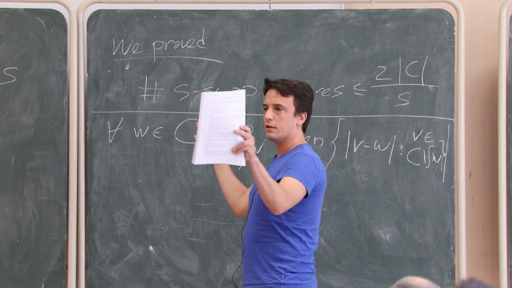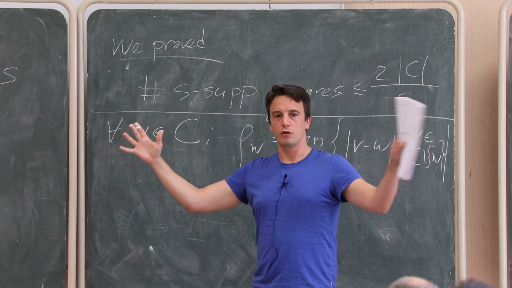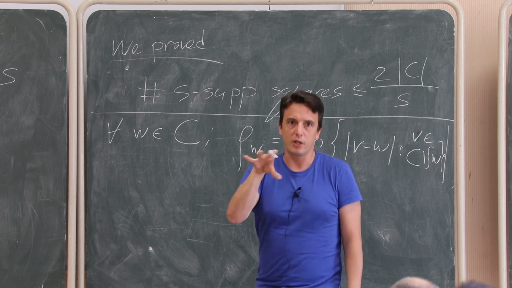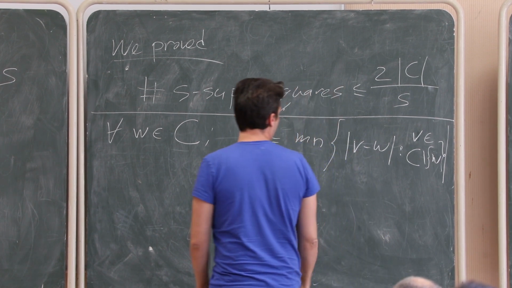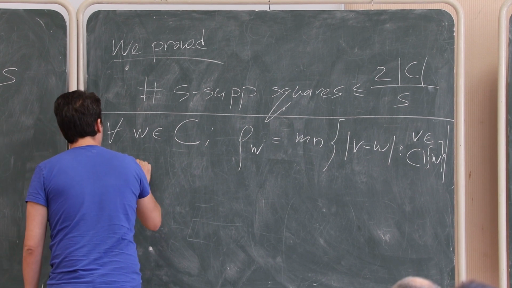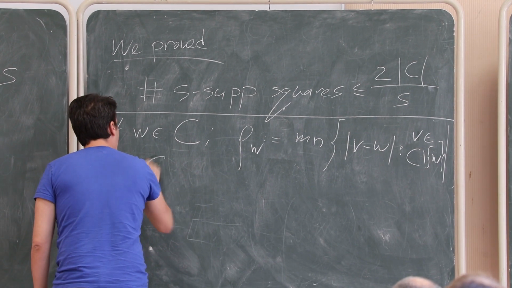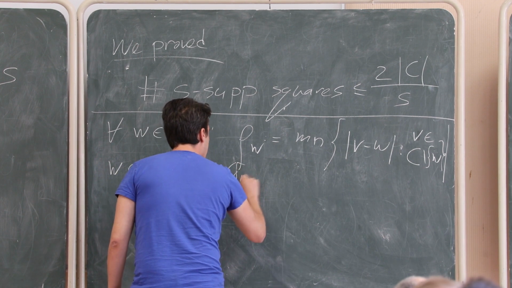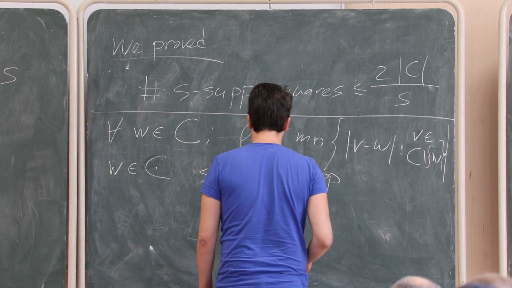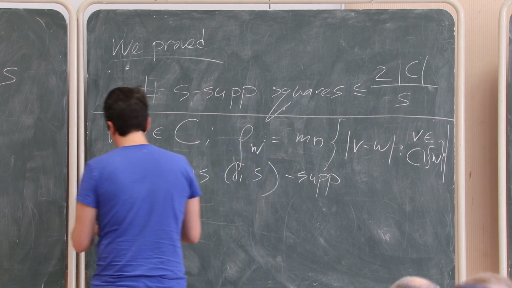Somehow delta tells you the spatial size that you're looking around, and S is the parameter that says how many points we need to see inside. So this was the radius of isolation, and a point W is delta S-supported. Let's write it first in a formula.